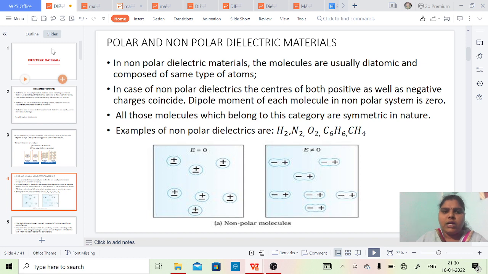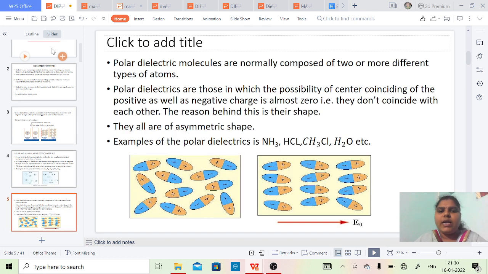Next, polar dielectric molecules. Polar dielectric molecules are normally composed of two or more different types of atoms.